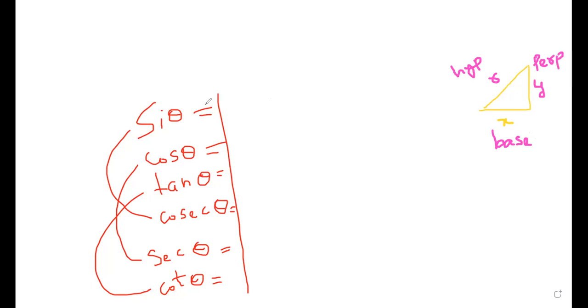We know that sine theta is equal to perpendicular over hypotenuse, P over H. Perpendicular is y and hypotenuse is r. So sine theta is equal to y over r. You can also write y is equal to r sine theta.